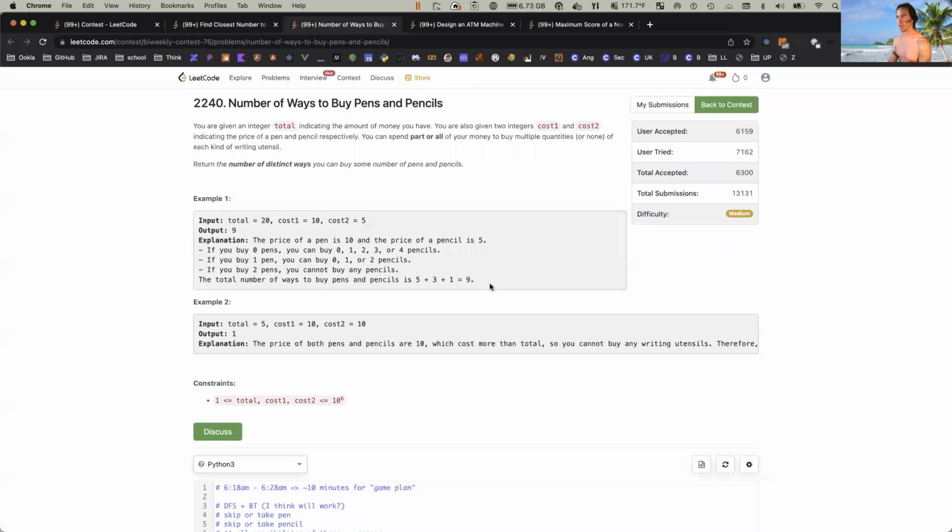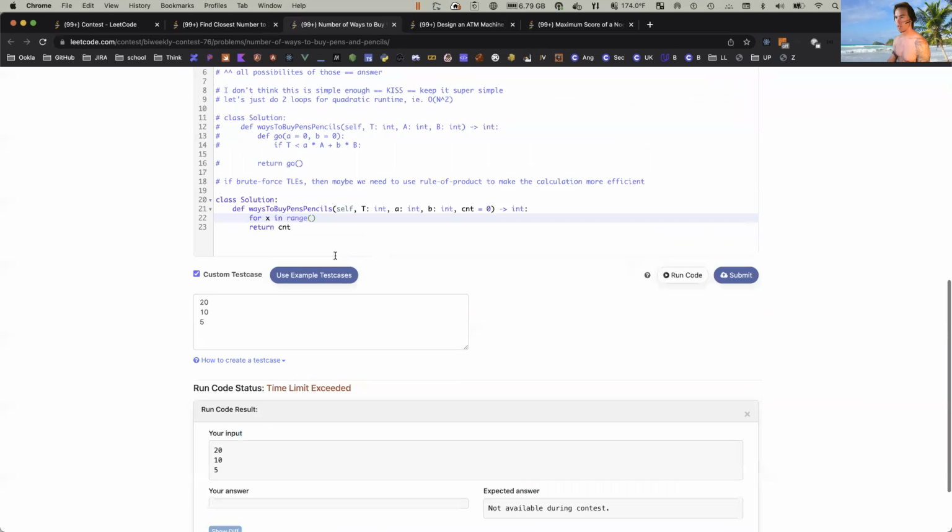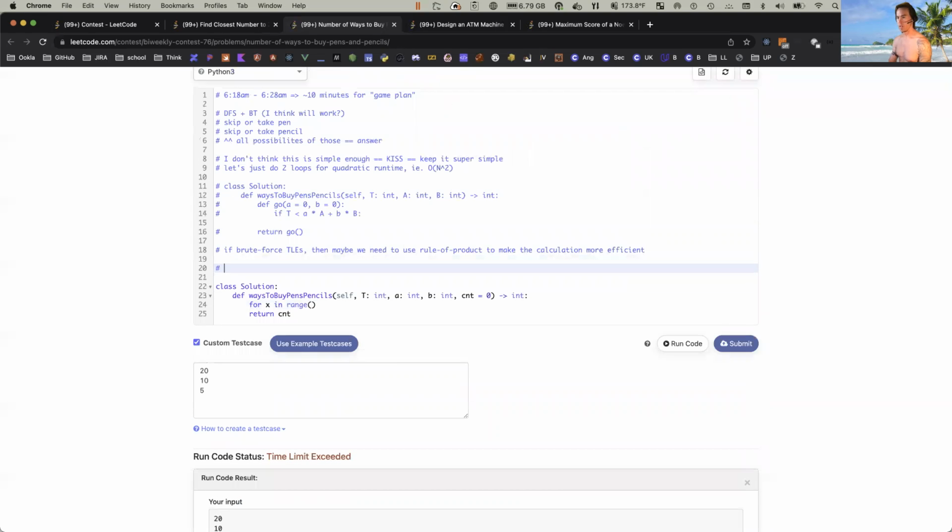Oh, I'm making this way harder than it needs to be, actually. So the outer loop will be 0 through how many I can buy. Inner loop is just dividing that total by that. Okay, I was way overthinking this one originally.